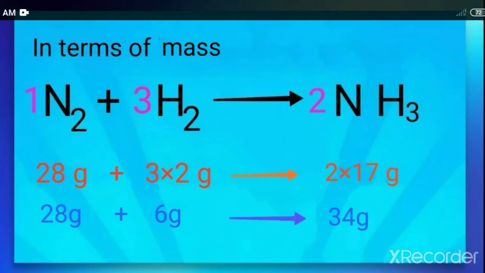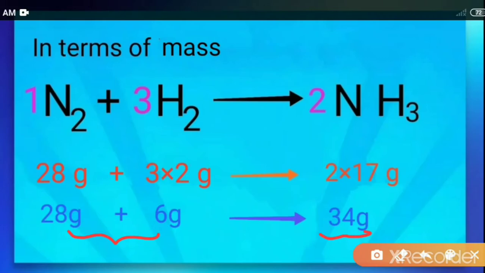Once again I will define for you. 28 gram of nitrogen reacts with 6 gram of hydrogen to give rise to 34 gram of ammonia. Just check the left hand side and right hand side. When you make the sum of this, you will get this. That means the LHS is equal to RHS.